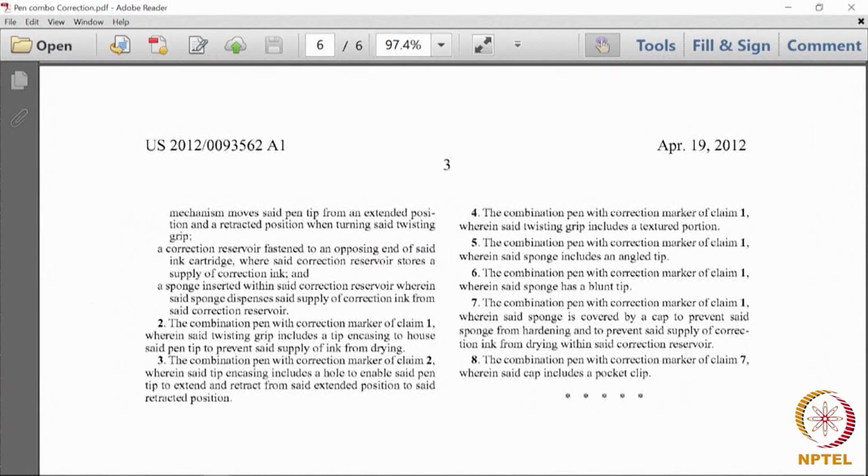Claim 2 cross refers to claim 1, claim 3 cross refers to claim 2, and when you read claim 2 it cross refers you back to claim 1. So, you cannot read any of the claims 2 to 8 without reading claim 1. So, 2 to 8 are dependent claims because there is a cross reference to an earlier claim. Claim 1 is an independent claim.